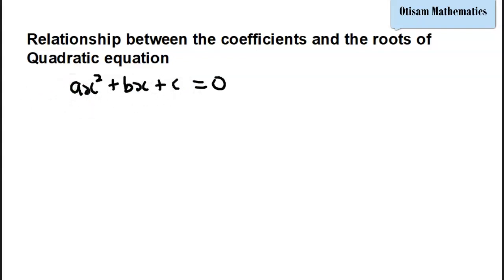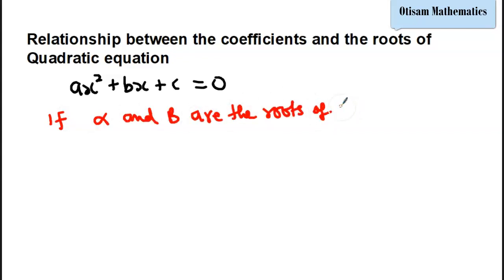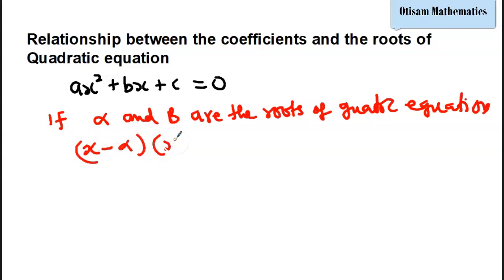A is the leading coefficient. Now, if alpha and beta are the roots of a quadratic equation, then forming the quadratic equation will be x minus alpha times x minus beta is equal to 0.